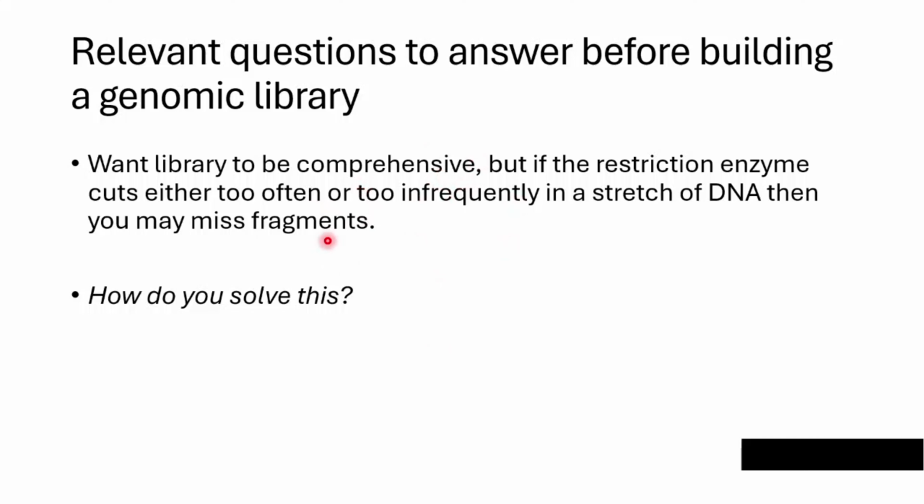If you have physical shearing, as we'll see in a few minutes, the physical shearing method will give you fragments of approximately the same size. So then that's just a way to get them all the same size, but then you'll have to modify those fragments because there's no sticky ends at the end. So you can't ligate them onto chromosomes very efficiently. You can still do it, but not as efficiently, so you need to modify those. And we'll take a look at that in a bit.